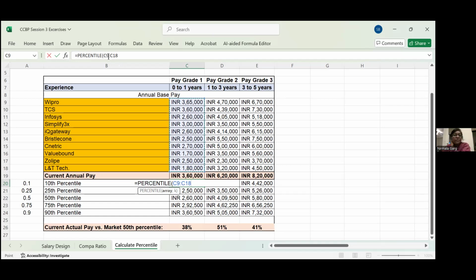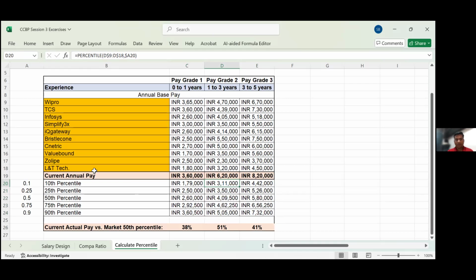And for the percentile reference, I will not freeze the row number. I will freeze the column, because I don't want to change the column range. So I will get the 10th percentile from this range. Now I'll just copy this formula, select the range where I want that formula, and paste it.